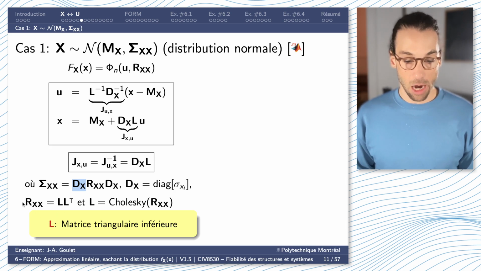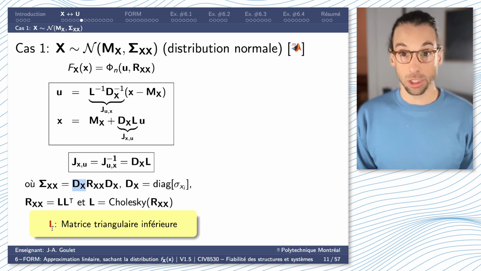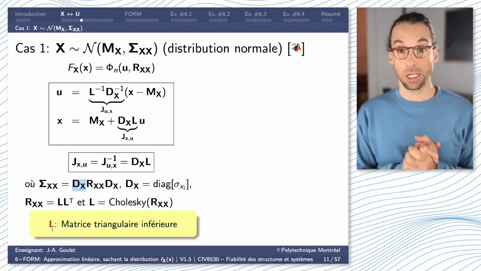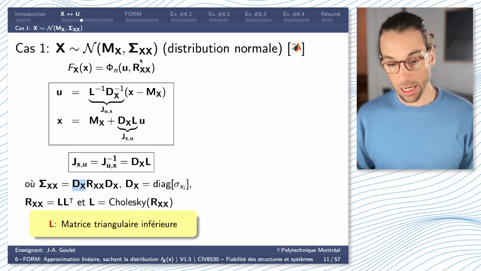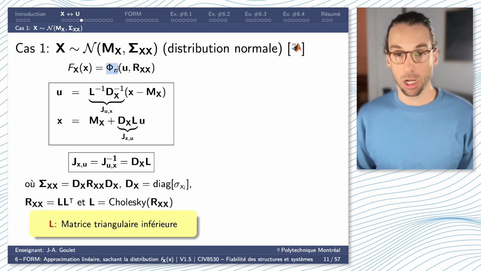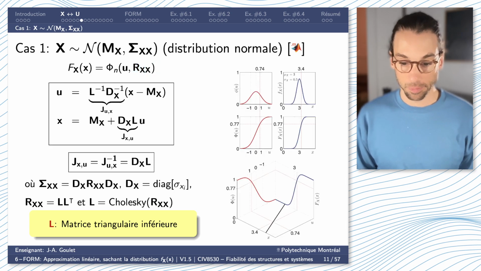And Rxx is, as I said, the correlation matrix, and L is the Cholesky decomposition of that correlation matrix. And here, actually, it's not a typo. It's really, in this case, that the standard normal space is going to be correlated by Rxx.